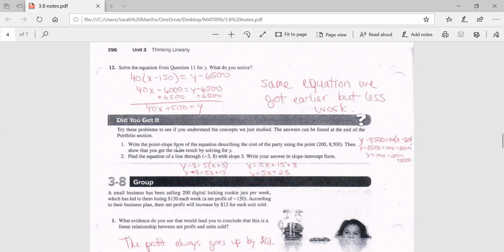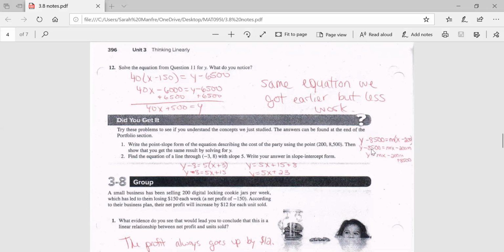It says write the point-slope form of an equation describing the cost of a party using the point (200, 8500). Then show that you get the same result by solving for y. Okay, 200 is my x, 8,500 is my y. So y minus 8,500, y's go together, equals m times x minus 200, because 200 is my x. I'm going to distribute the m into both.